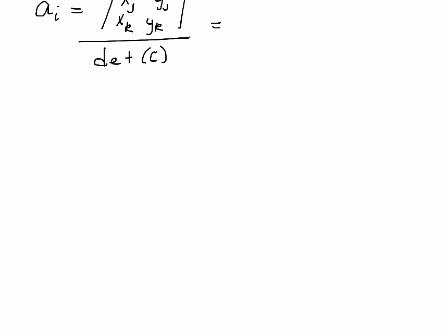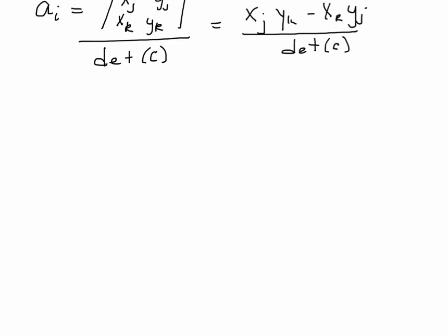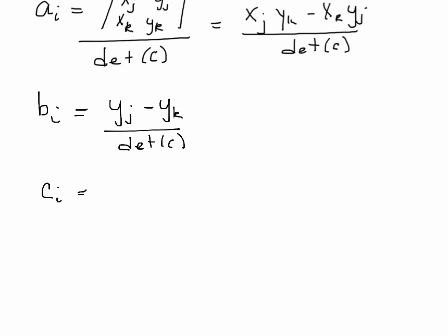And we can simplify that by saying that this will be x of j, y of k minus x of k, y of j over the determinant of C. Likewise, we will have an expression for b of i that's equal to y of j minus y of k over the determinant of C. And c of i will be equal to x of k minus x of j over the determinant of C.